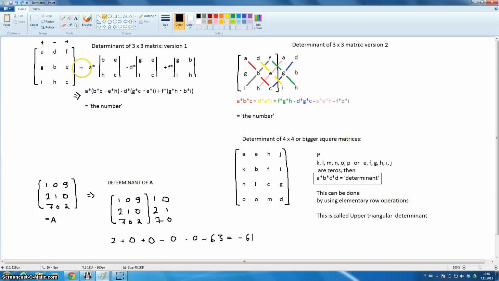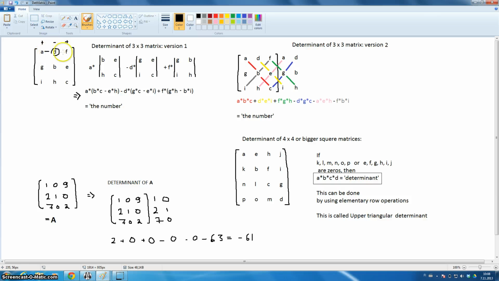Okay, then how this comes about: we take A first, and then we take the minor for this one, because we delete the row and column which A holds, and so on. We move on with this one.